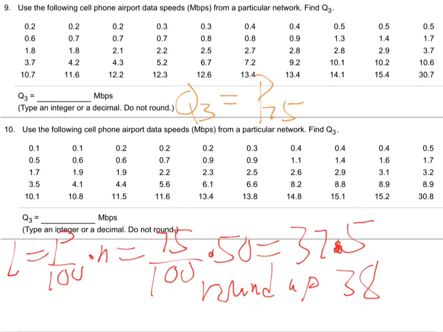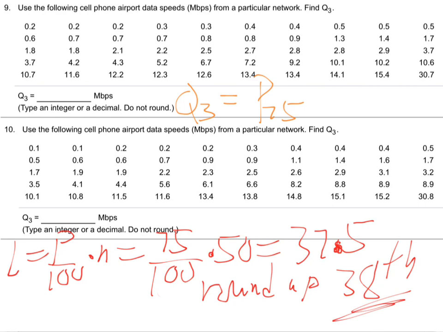Is it 37.5 or 3.75? Yeah, 37.5. 75 over 100 times 50. Oh, wait, yeah, that's right. I'm doubting myself, too. Anyway, so go find the 38th number.